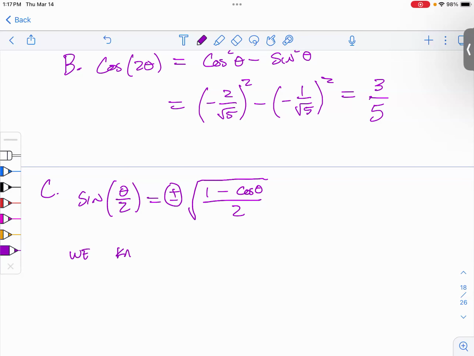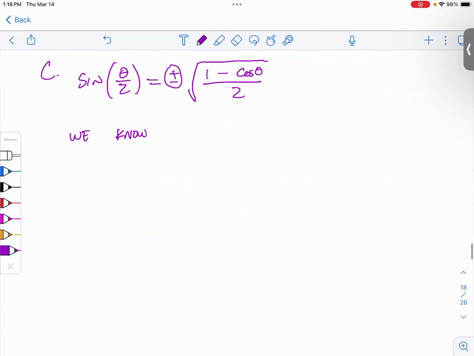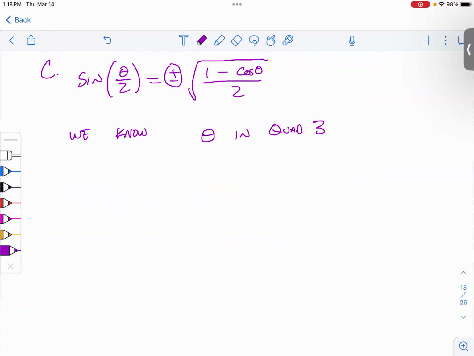So we know that theta is in quadrant 3. So that means theta has some angle between pi, and actually there would be strict inequalities, and 3 pi over 2.